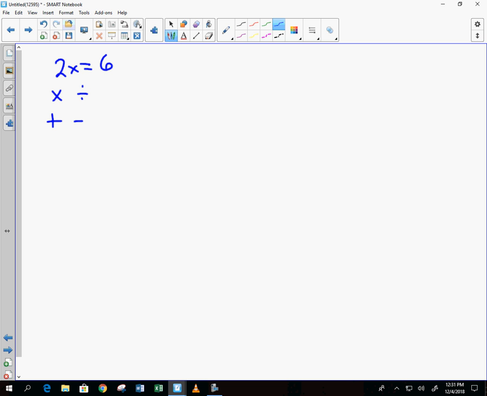What is the inverse operation of a square root? Square, right? Operations have inverses. They undo each other. So for example, if I have the square root of x and I square it, that gives you x. Or if you have x squared and you square root it, you get x, right?